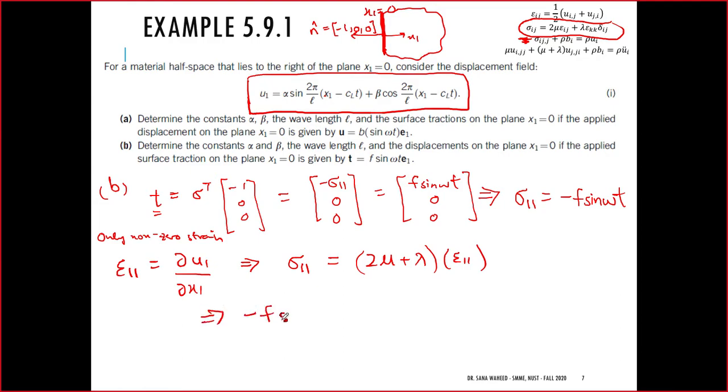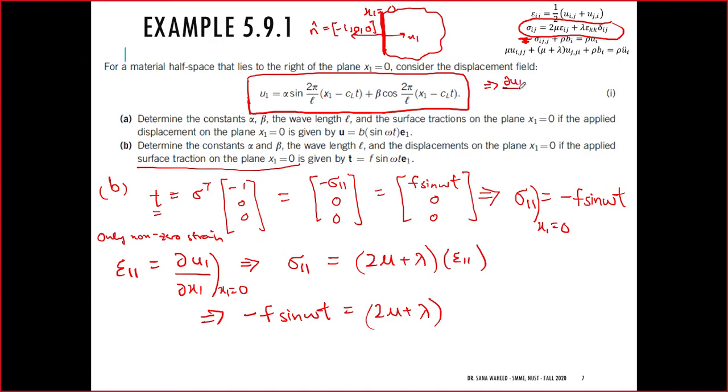Minus f sine omega t is going to be equal to 2 mu plus lambda, or ye epsilon 1, 1. Oh, again, remember this sigma 1, 1 condition is at x1 is equals to 0, right? So this must also be at x1 is equals to 0. ये उस plane पे apply हो रही थी ना traction.